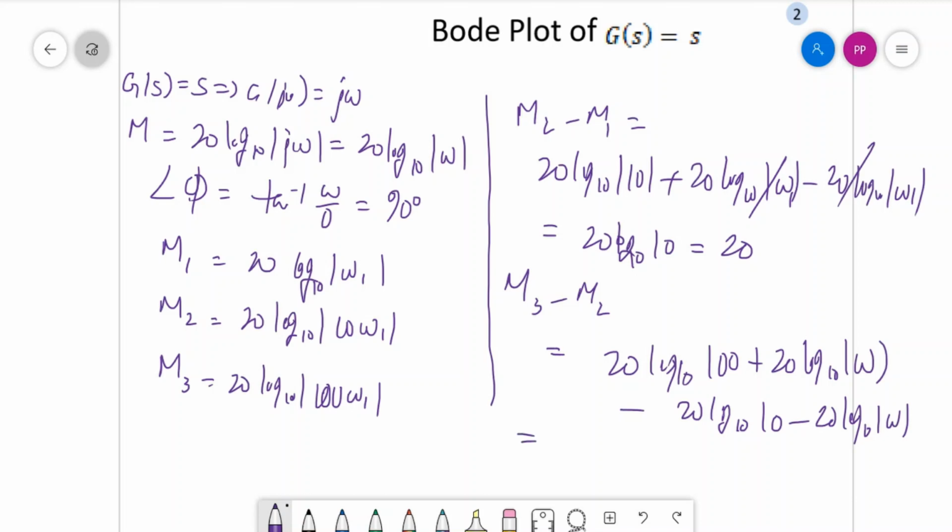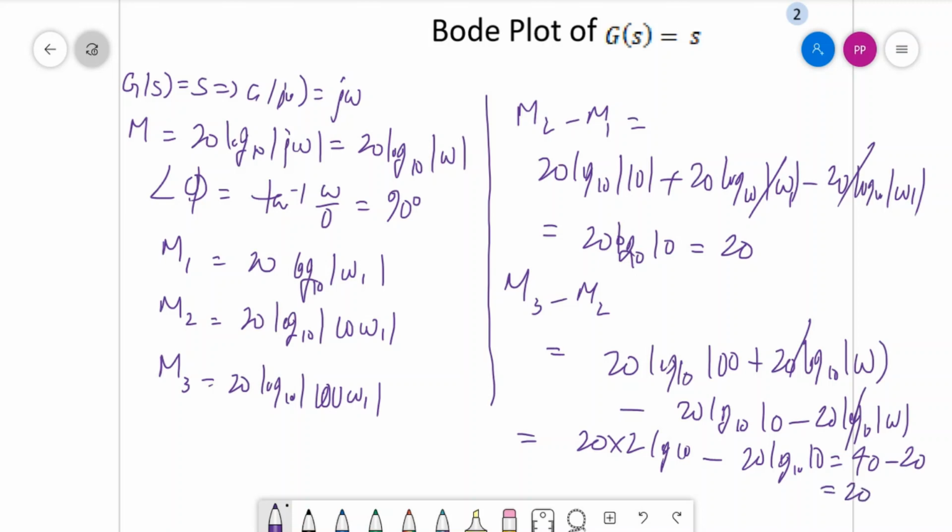So this is equal to 20 into 2 log of 10. These two terms will cancel out, so minus 20 log of 10. This is equal to 40 log of 10, which is 1, minus 20 log of 10, which is 1.